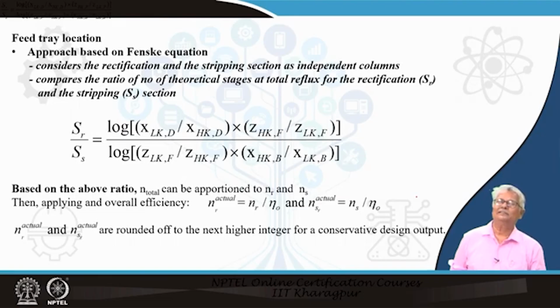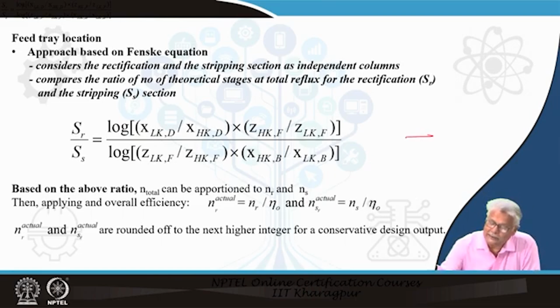The first is an approach based on the Fenske equation. The Fenske equation considers the rectification and the stripping sections as independent columns. That means what you had is a feed, from the top you had a distillate D, from the bottoms you have B. So what you considered here is your column 1, and this is column 2.